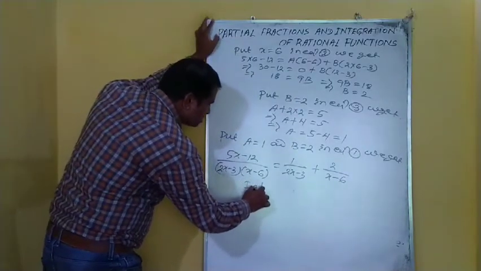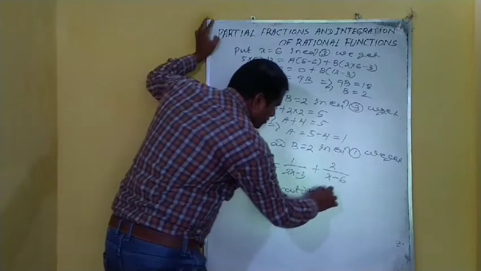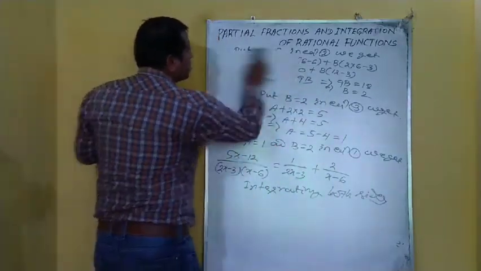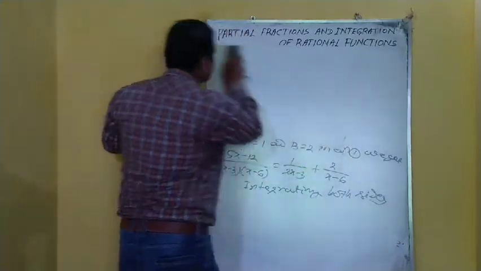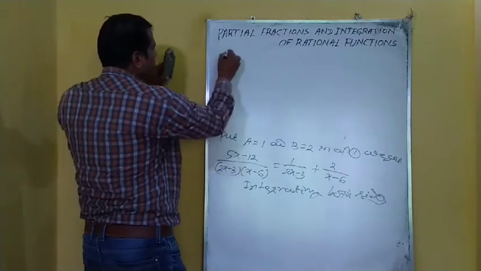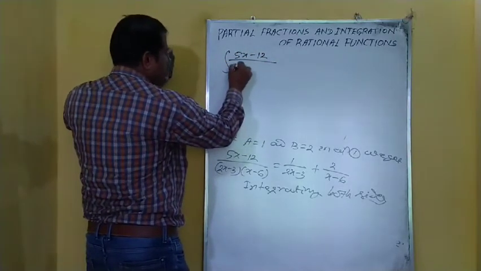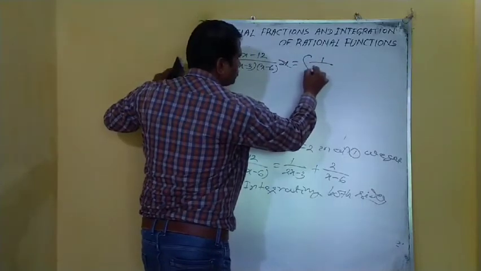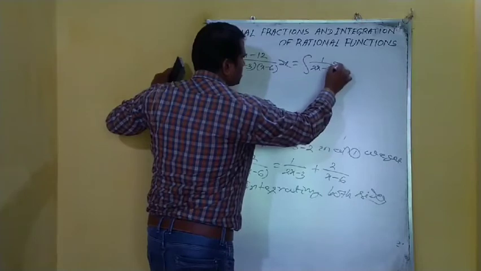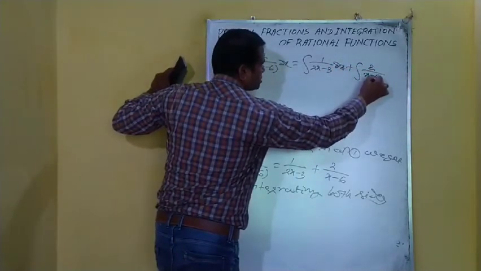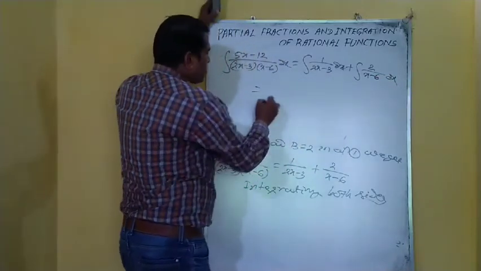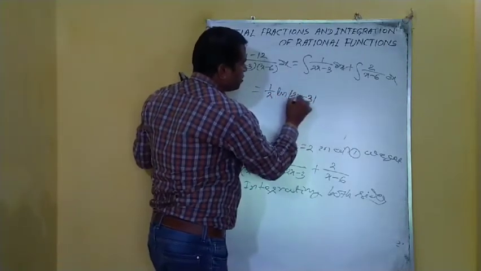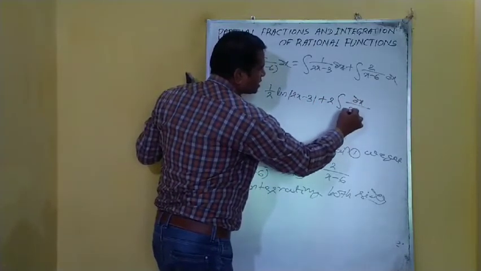Now integrating both sides, we get the integral of (5x minus 12) divided by (2x minus 3) whole into (x minus 6) dx, equal to the integral of 1 by (2x minus 3) dx plus the integral of 2 by (x minus 6) dx, that equals 1 by 2 ln mod (2x minus 3) plus 2 times the integral of dx by (x minus 6).